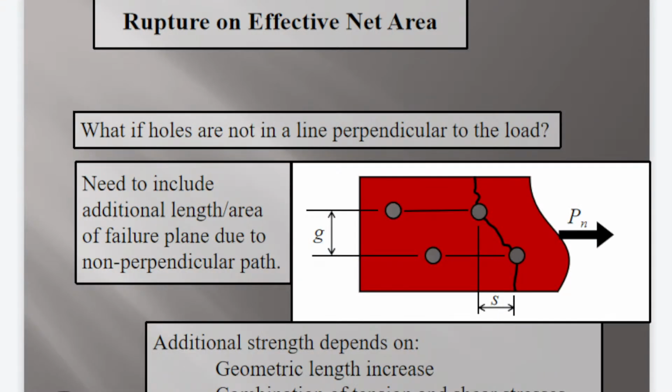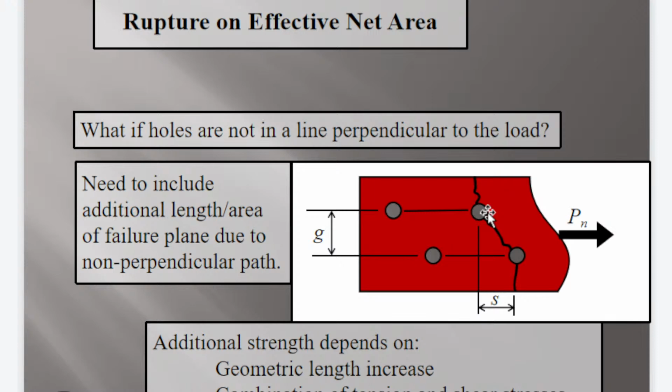What if holes are not in line perpendicular to the load? So, staggered. This is what we mean by staggered holes. Holes need to include additional length per area of failure plane due to the non-perpendicular path. That's why we use the plus sign.